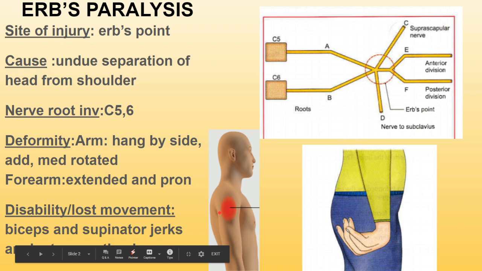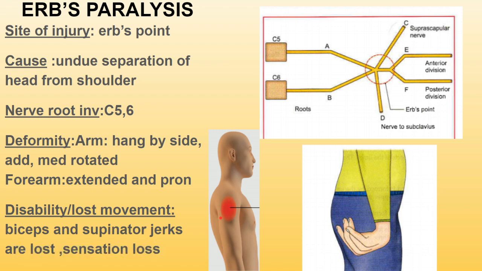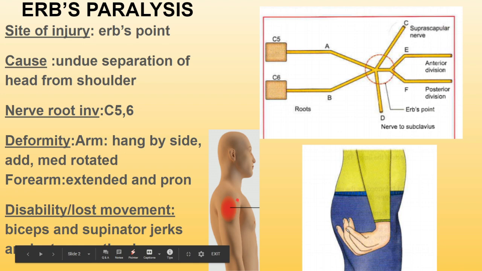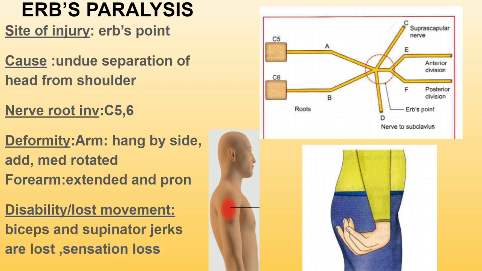Military men wear a regimental badge over here, so that's why this point is known as the regimental badge point. This loss mainly occurs during injury to the axillary nerve, which supplies the deltoid muscle, but here we can also consider this.